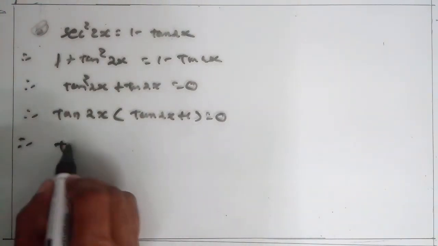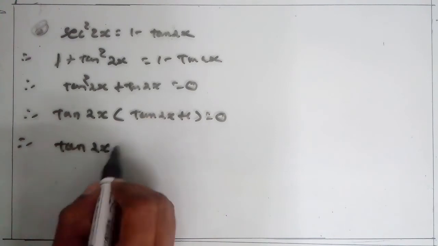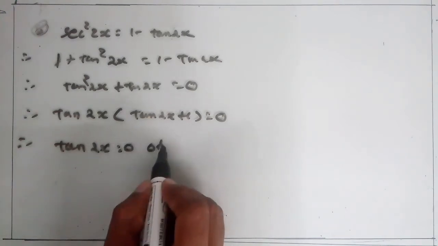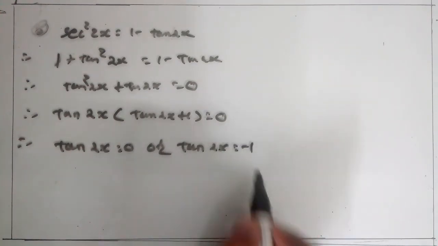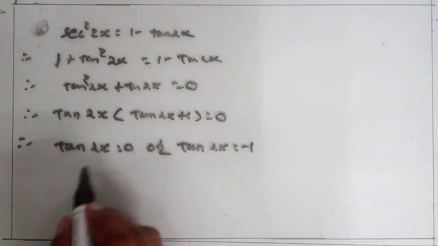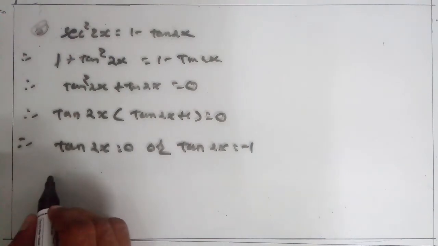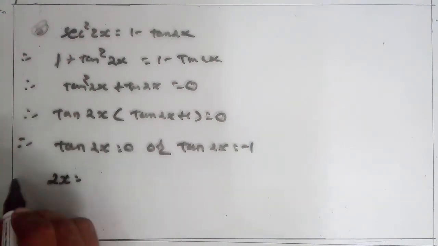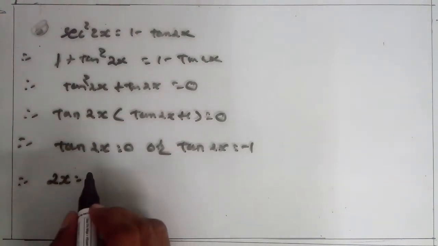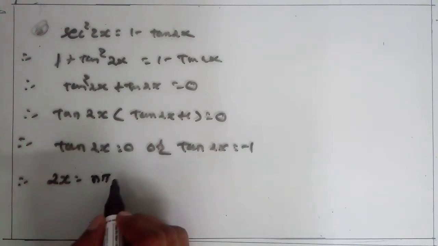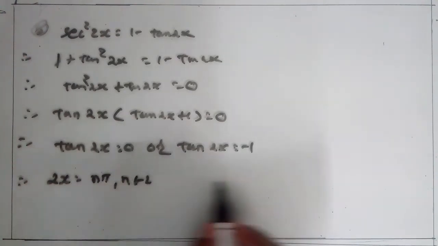Clear? Therefore tan 2x is equal to 0, or tan 2x is equal to minus 1. Here we know that zeros of tan, so 2x is equal to zeros of tan and zeros of sine, both equal, and is equal to n pi, n belongs to z.